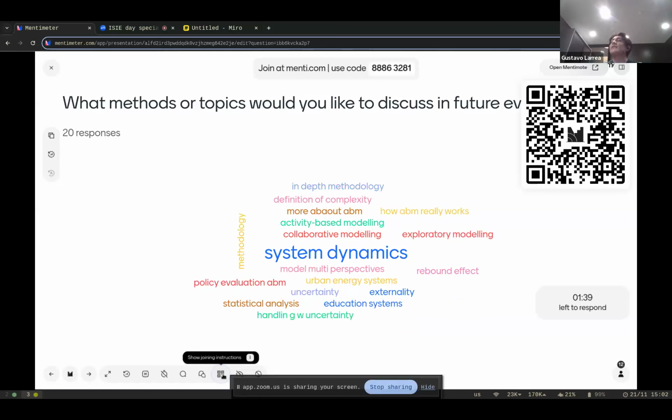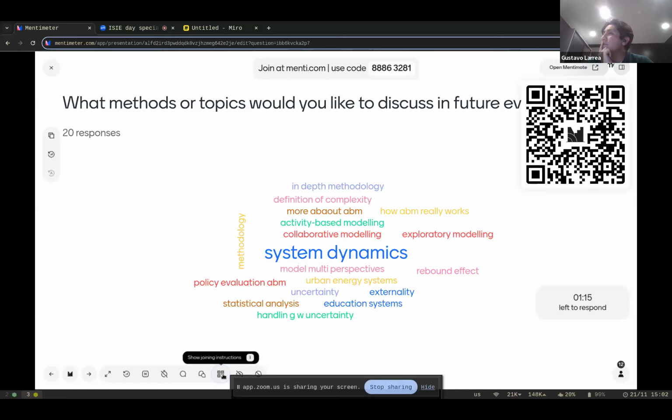System dynamics. Maybe we didn't explore much about this particular modeling approach, but it can be coupled as well with ABM. Model multi-perspectives, yes. Certain externalities. Education systems. Okay, that sounds very interesting. More about ABM, statistical analysis.